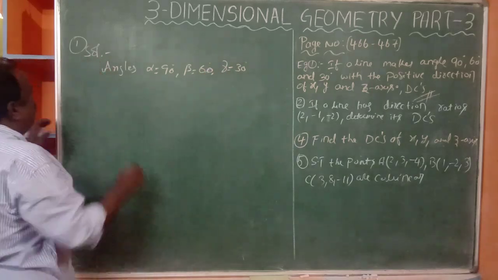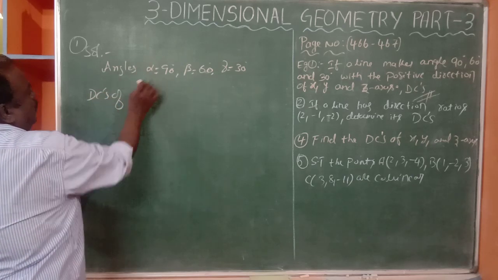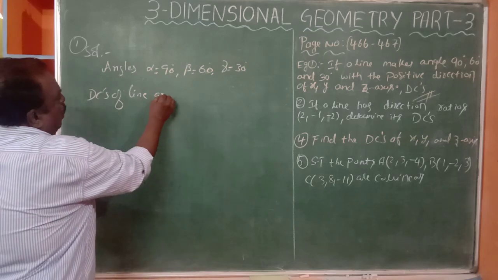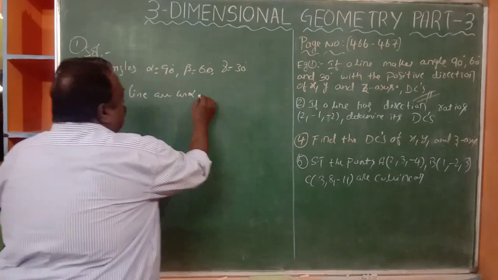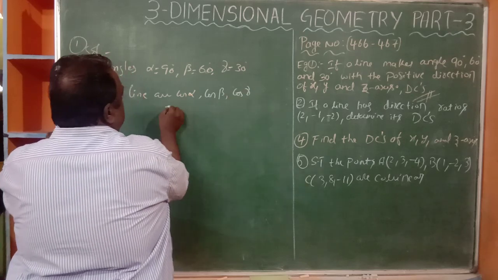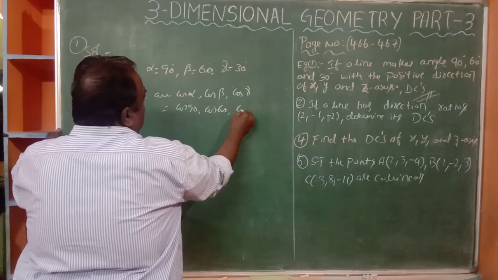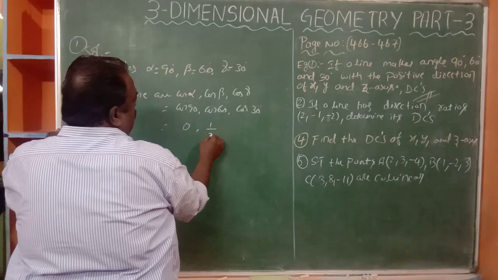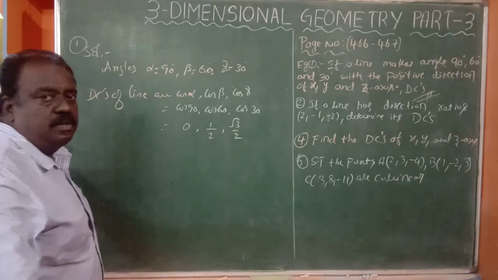Now, let the DCs of the required line be cos alpha, cos beta, cos gamma, that is cos 90, cos 60, cos 30. It is 0, it is 1 by 2, it is root 3 by 2. Okay now? These are the DCs.